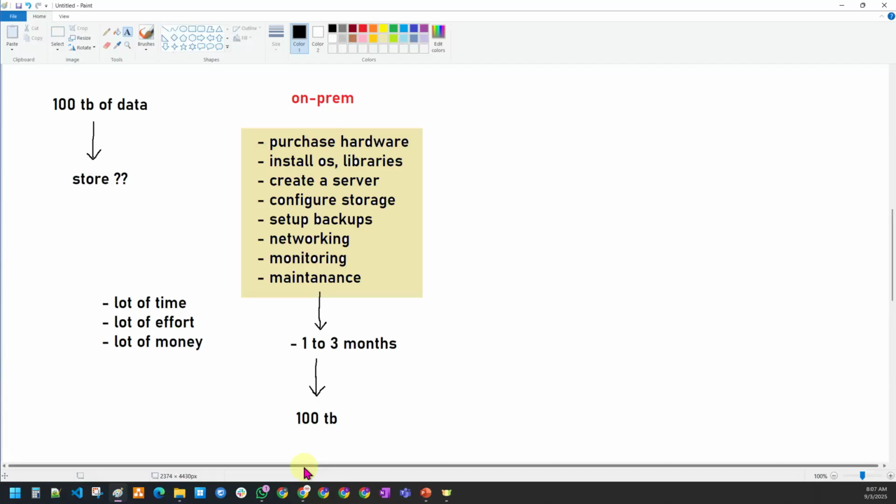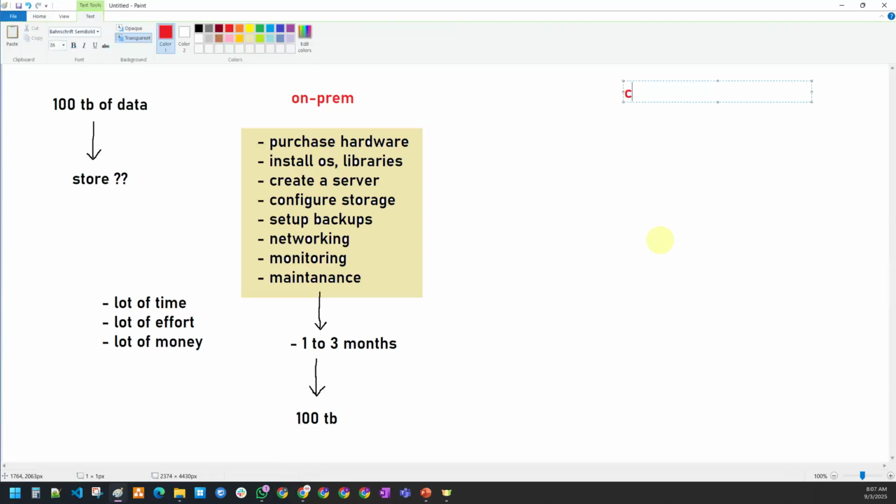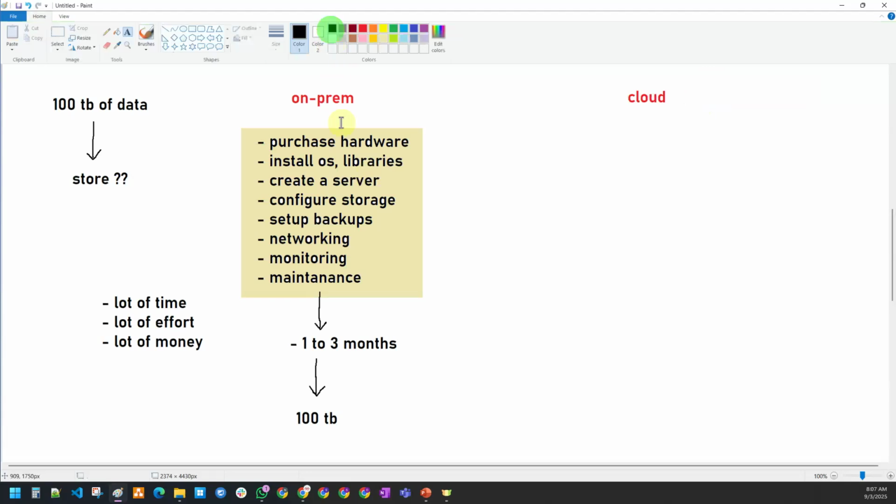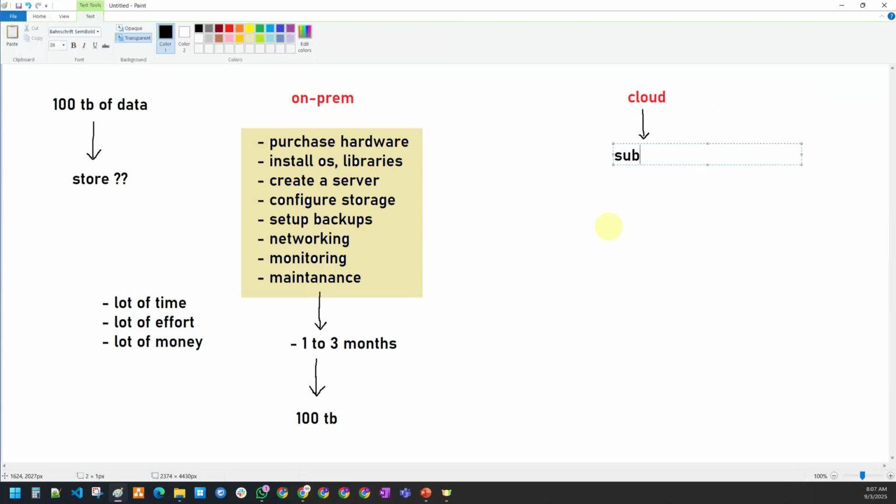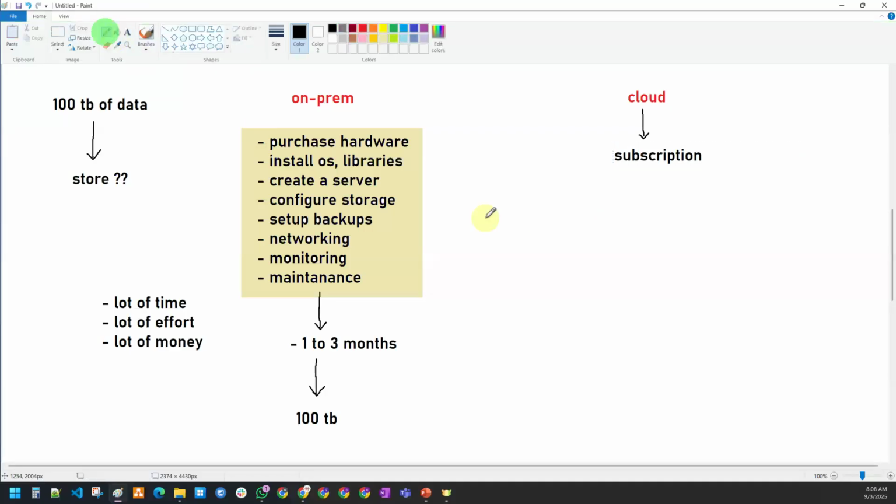But on the other hand, sir, what do we do with the cloud? If I wanted to do the same thing with the cloud, what do we have to do, sir? Tell me. What is cloud offering? Tell me. Exactly. So you first purchase the subscription, or nothing but create your account.